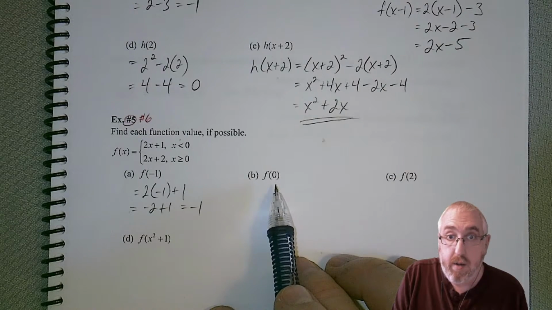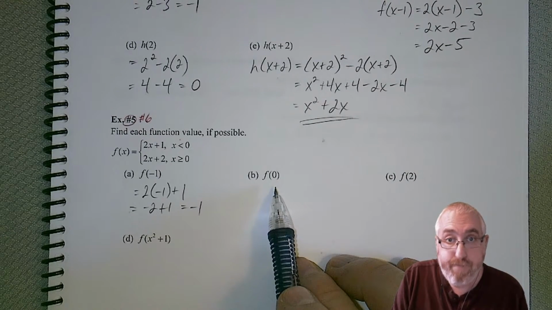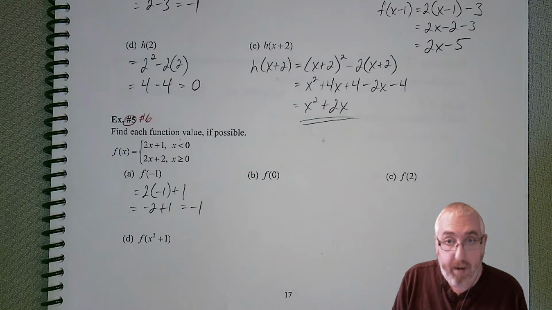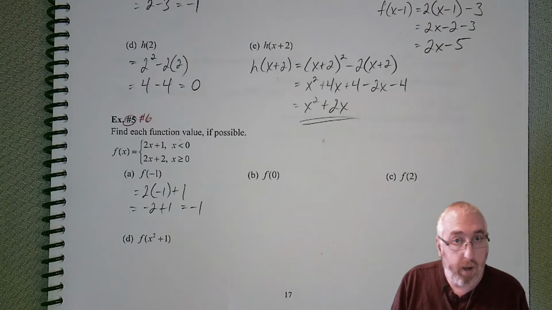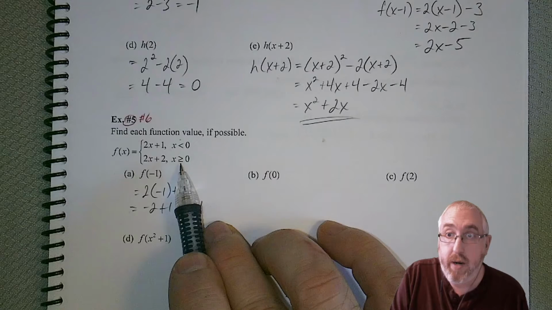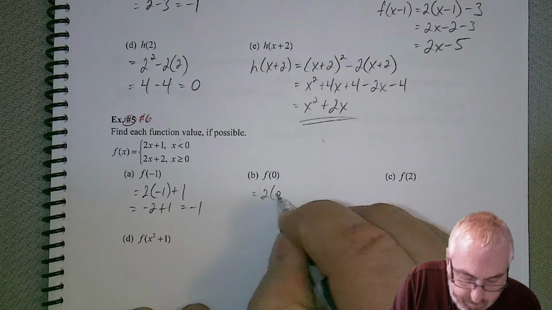If we wanted to have an input of 0, where do we plug it? Top or bottom? If you said bottom, you are correct, because it satisfies this inequality. 0 is greater than or equal to 0. So substitute that in.